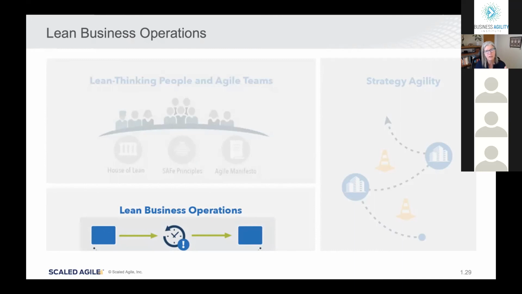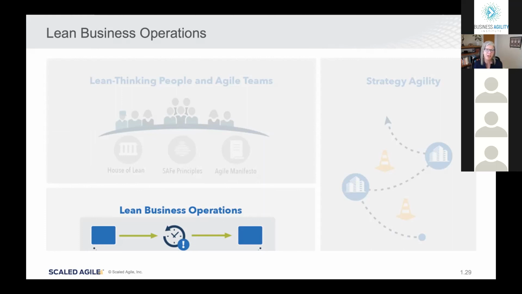So they can really look at what value they're delivering and where the waste is. Those reports that aren't getting read are an example of waste. There might be wait states, so examples where there are delays that can be removed from their workflows. That's another way people can lean out their business operations, even if they're not on a cross-functional team.